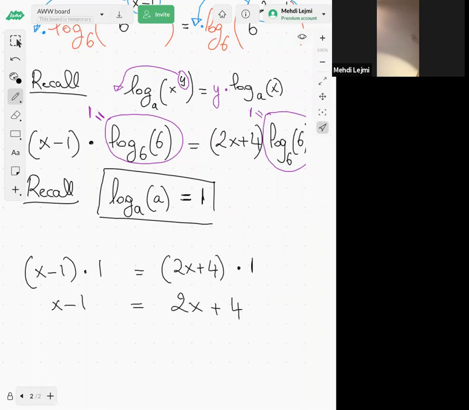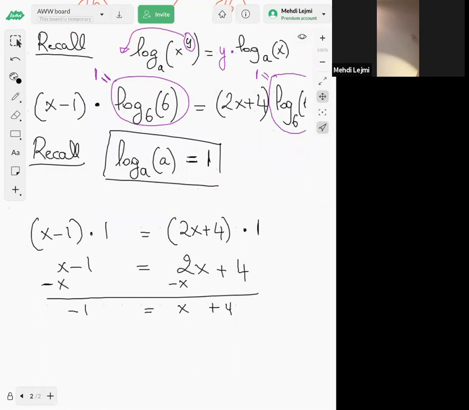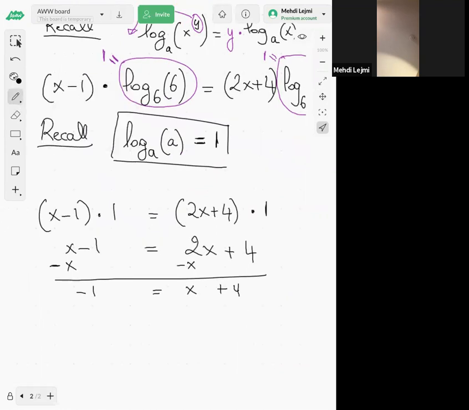And then of course you can solve for x. Subtract x: this is negative 1, and this is x plus 4. Then subtract 4, so the left side will be negative 5 and the right side will be just x. So your solution is x equal to negative 5.